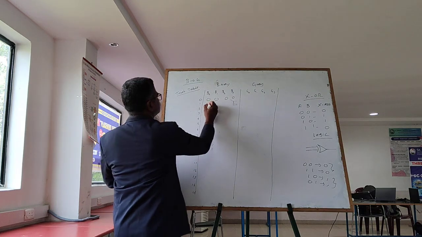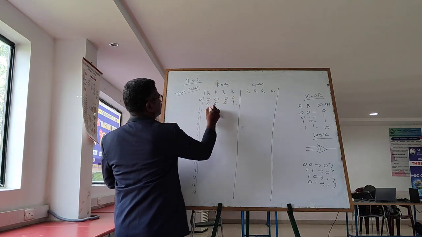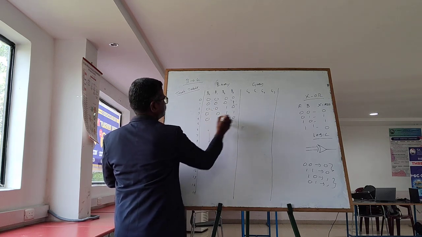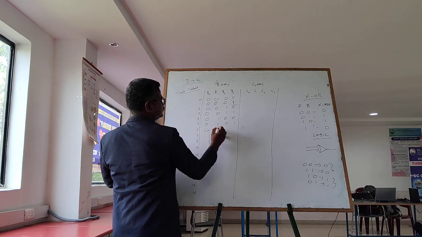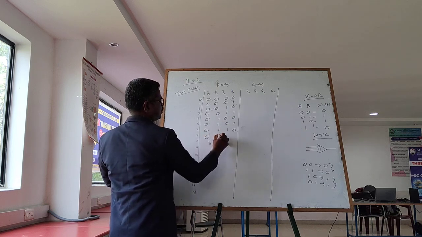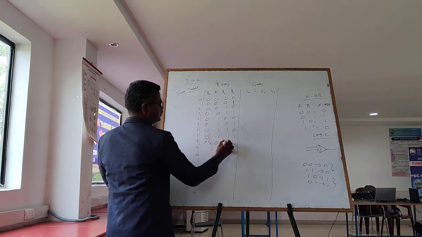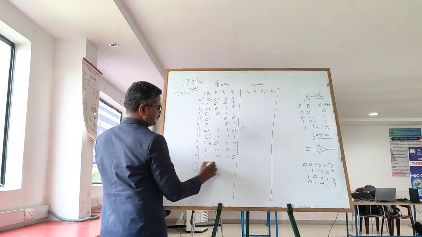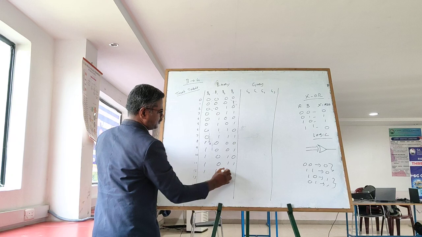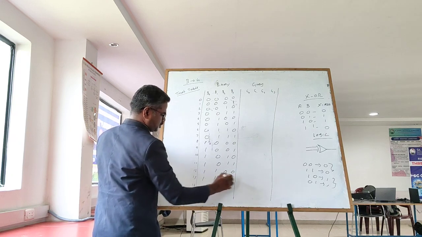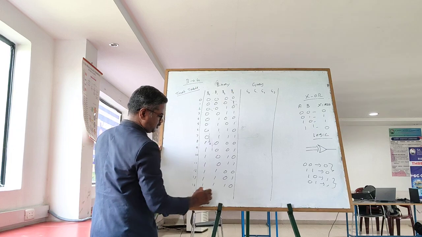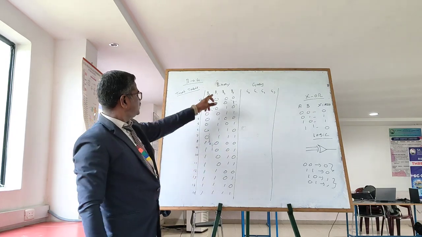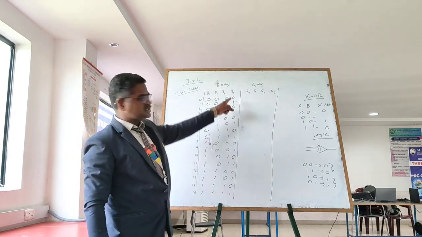So for binary: 0000, 0001, 0010, 0011, 0100, 0101, 0110, 0111, 1000, 1001, 1010, 1011, 1100, 1101, 1110, 1111. This is the input in terms of binary. So these are the B0 value, these are the B1 value, these are the B2 value, these are the B3 value.